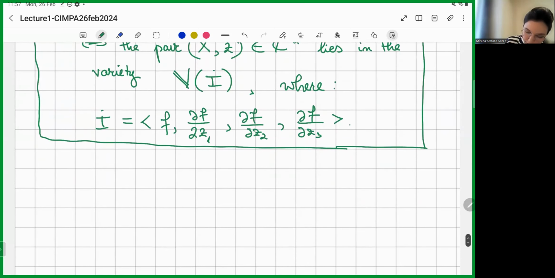So in this case, what we want to do is to eliminate, and we can make this more precise in what follows, precisely z1, z2, z3.